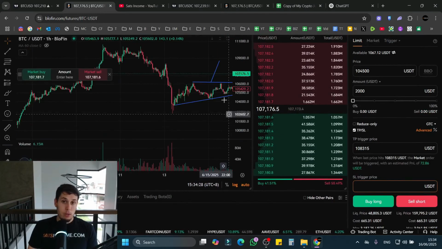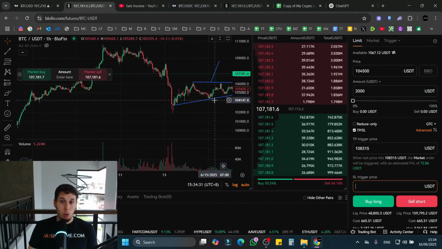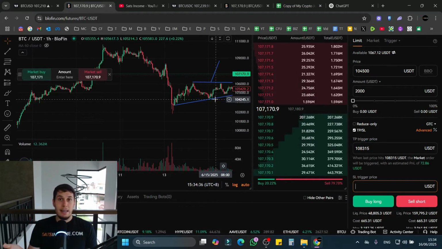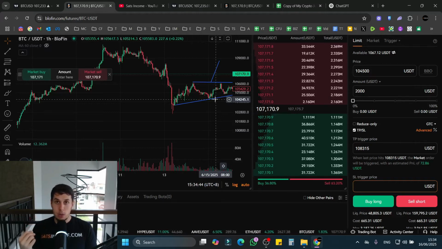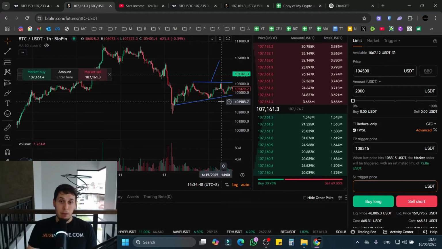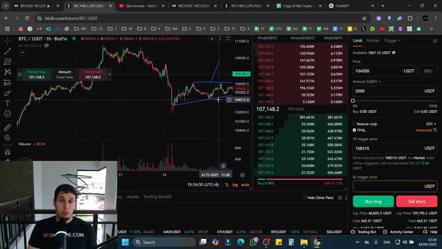For the stop loss, you can place it below this low right here because, of course, you guys want to be protected. There is no such thing as being sure. If you are sure of something, it means that you are doing it wrong. Nothing is sure in trading. So you want to have insurance, and your stop loss is your insurance, which basically means that if the trade goes against you, you're gonna be stopped out and you're not gonna lose all of your money.